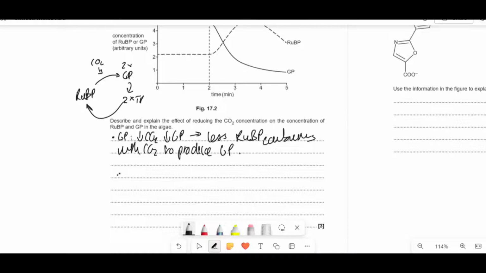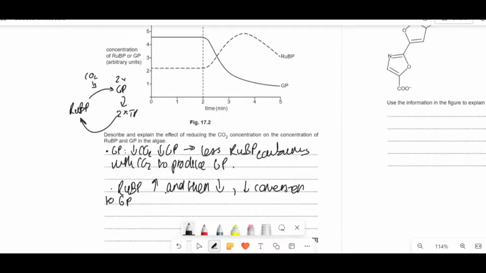Now if we look at the RUBP curve, it increases and then decreases. We need to think, why is it increasing? Well, because there's less conversion to GP. But why would it go up if that stopped? Because it's a cycle, right? So there must be some TP remaining which produces RUBP.